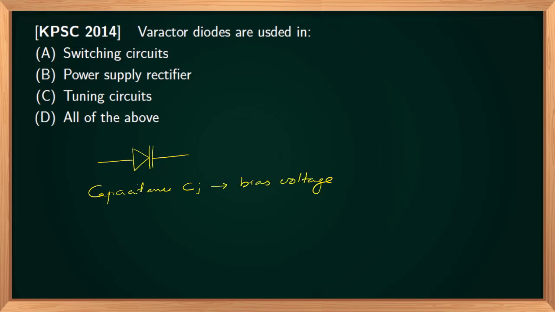Usually a varactor diode is operated in slightly reverse biased conditions so that the junction capacitance depends on the reverse bias voltage. Such a device finds application in electronic tuning circuits in television sets. The correct option is option C.